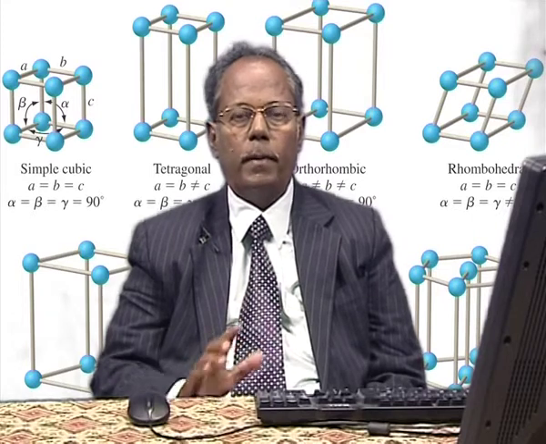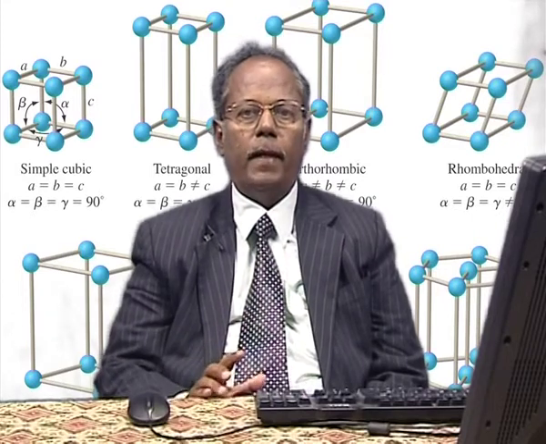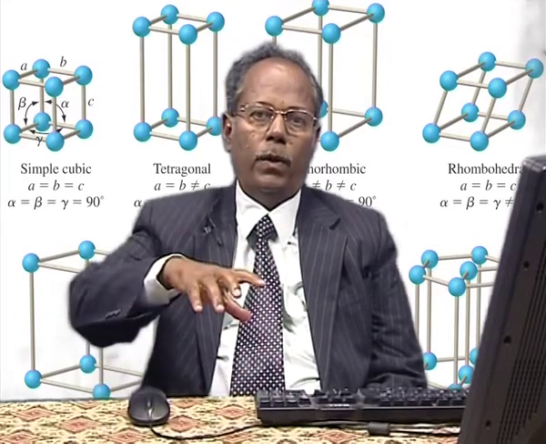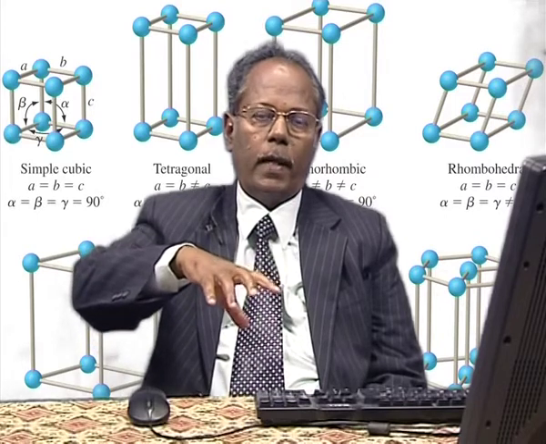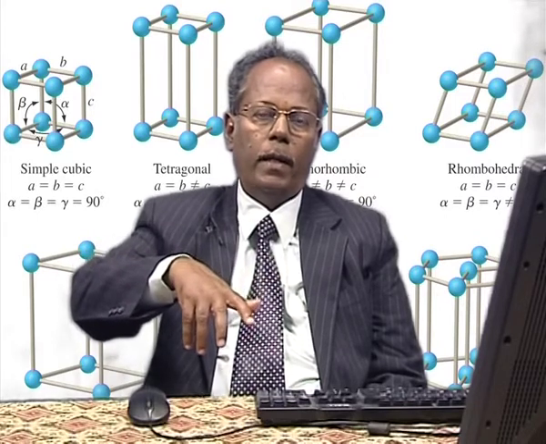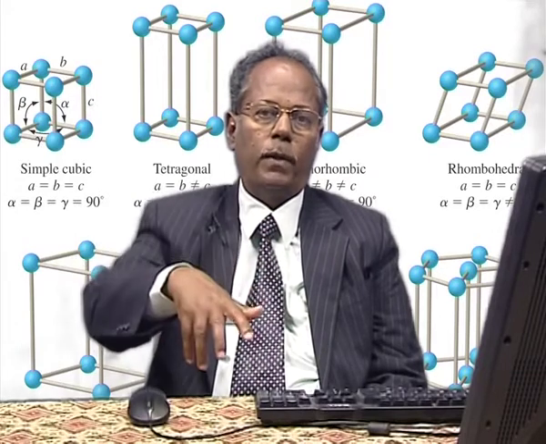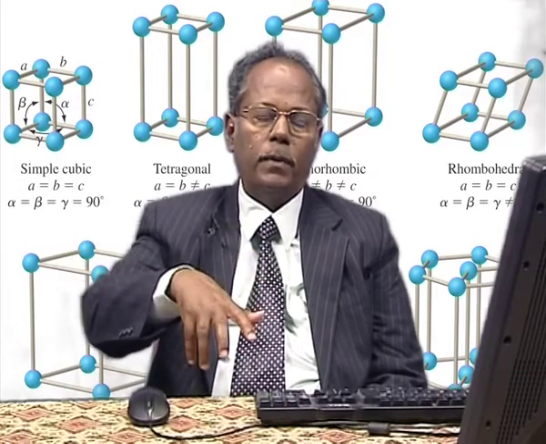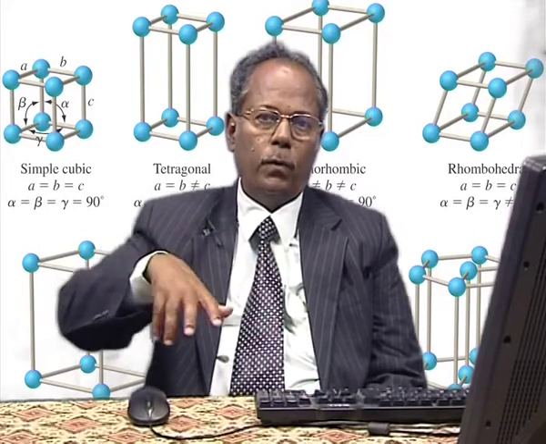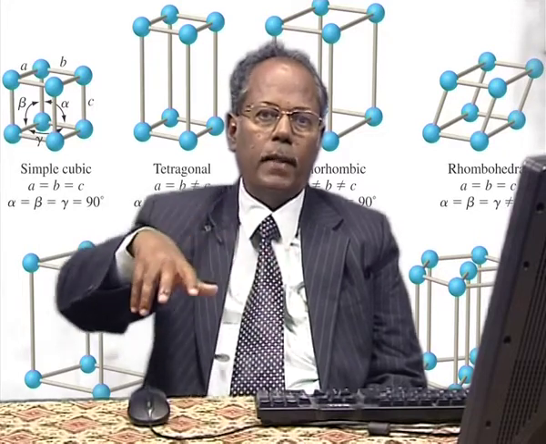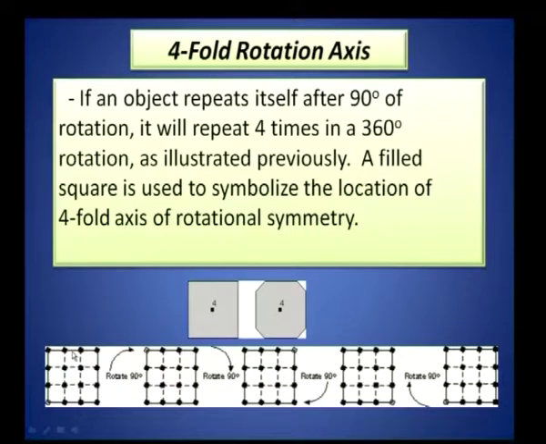I told you in the previous lecture about rotation symmetry, and we say that a body has an n-fold rotational axis, provided it goes back to the same configuration n times when it is rotated through what angle? 360 degrees. So, now you look at a square lattice.